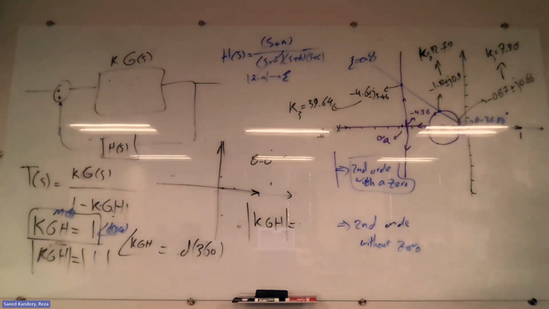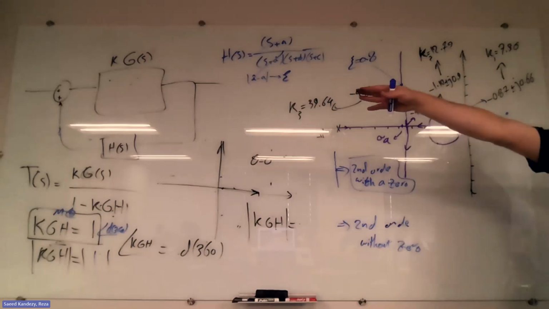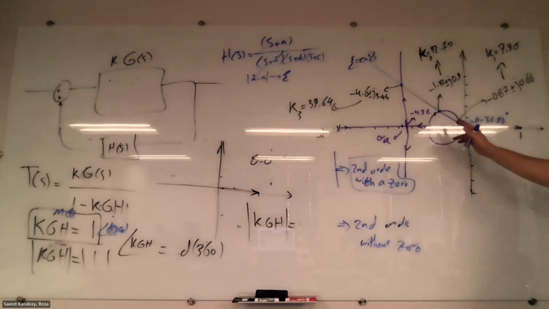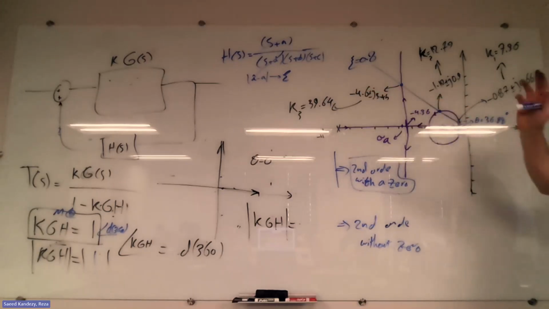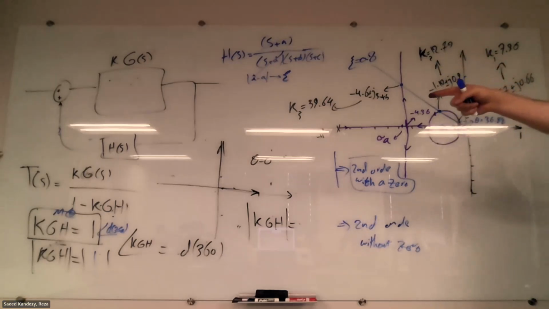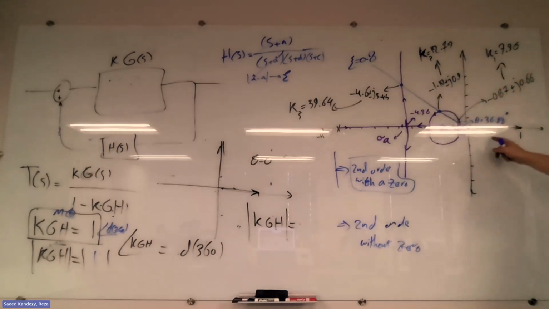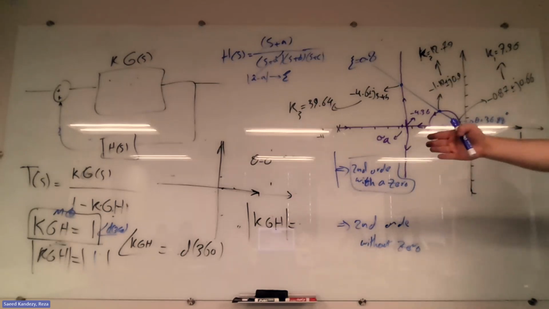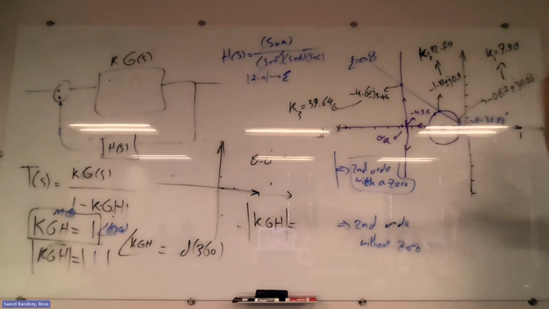With the same concept, if you have a positive feedback, the real-axis section that would be included in the trajectory would be the one that has an even number of poles and zeros at the right. Because now it should equal 0, 360.